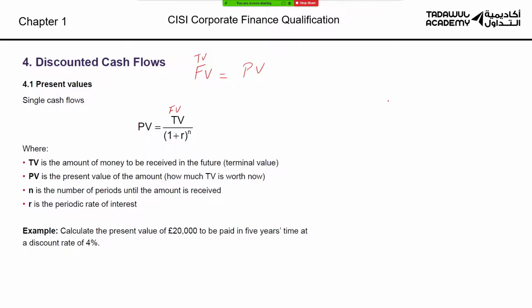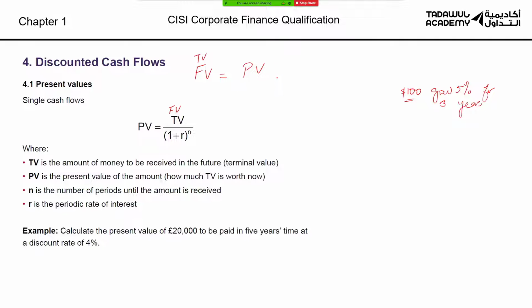Assuming, for example, you deposit $100, and that $100 is going to grow by, let's say, 5% for the next 3 years. So $100 is the money I have today, the present value, and it's going to be growing at 5% for the next 3 years.